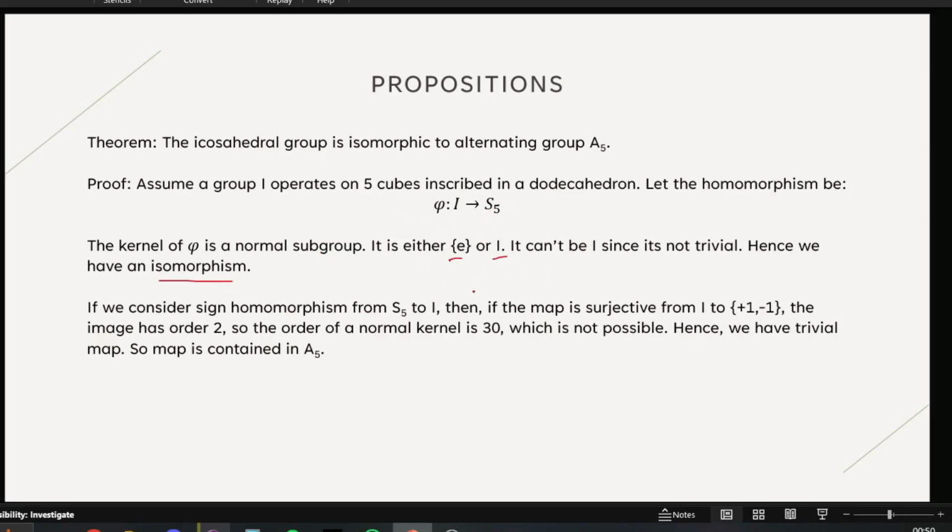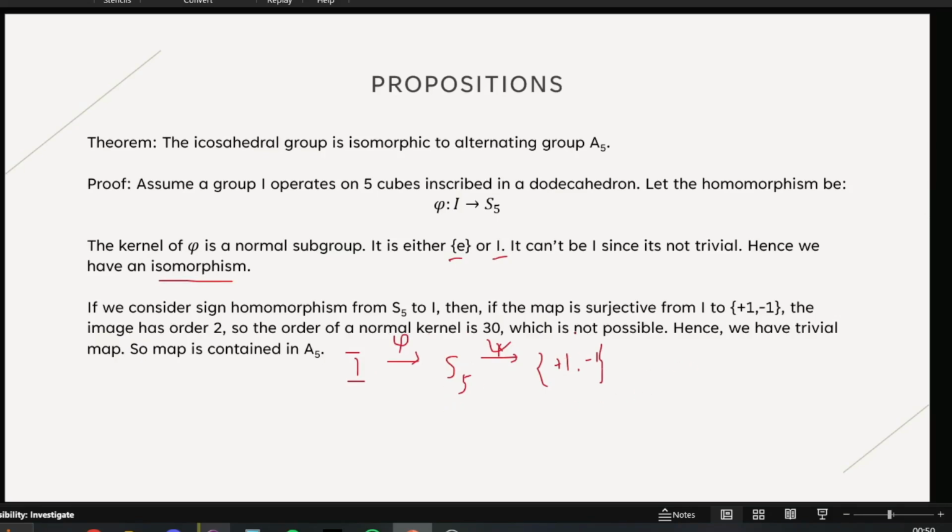Now we look at the image in S5 and take another homomorphism psi, which is the sign homomorphism. It takes the value +1 or -1. So we have a map from I to S5, the symmetric group, and then to the sign homomorphism.